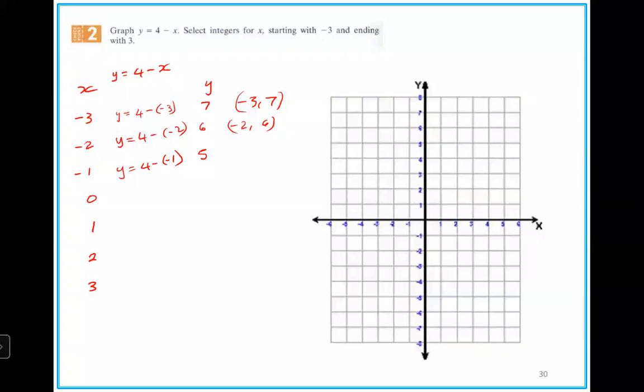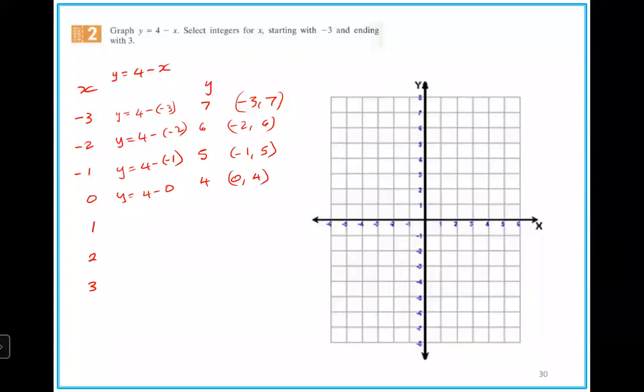So that would be -1 and 5. y will be equal to 4 minus 0, so y will be equal to 4. So that would be 0 and 4.